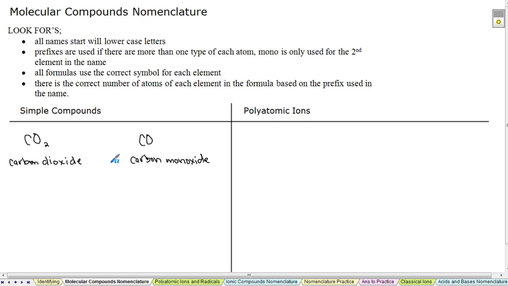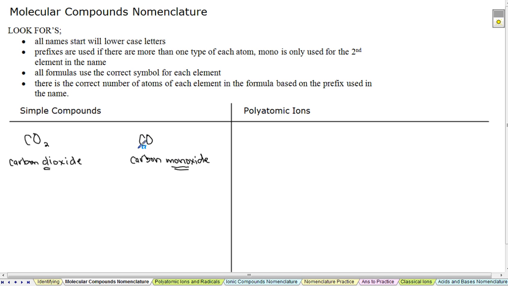And so when we name molecular compounds, we need to use prefixes like di and mono to describe how many atoms of the elements that we see. We typically do not use mono for the first element.